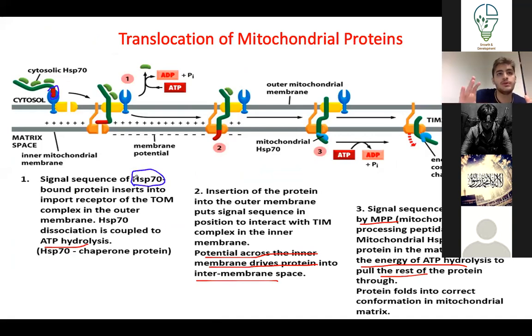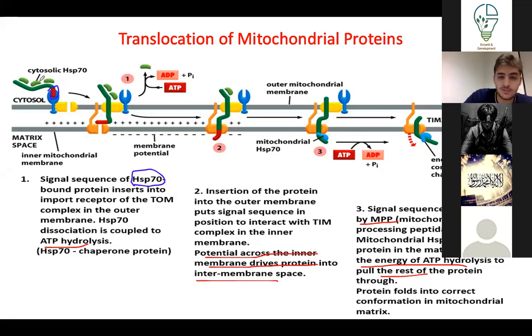Chaperone proteins are proteins which rearrange proteins. When you have a polypeptide chain, it usually folds into a structure. This folded structure cannot get into the mitochondria, so you need something that makes it a polypeptide chain again. And this something is called a chaperone, and it's called HSP70.